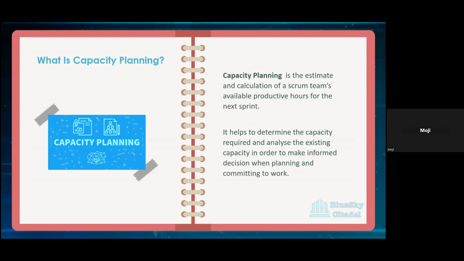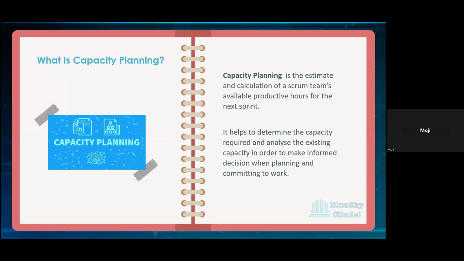Like I said, it's something you do before you start your sprint planning, so that during sprint planning you know the amount of work you're taking in, because you know the capacity you have to be able to do whatever work you take into the sprint. So it helps you to determine the capacity required and analyze the existing capacity, in order for you to make an informed decision when you go into your planning or when you're committing to the work you want to do.